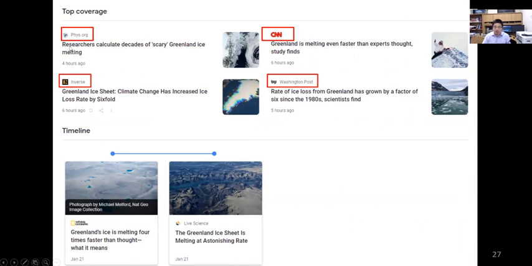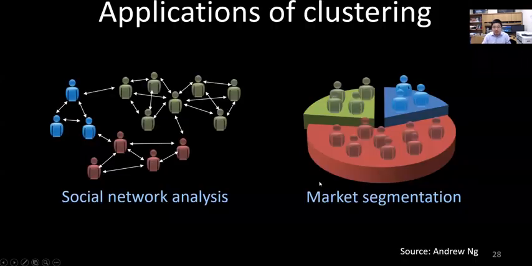For example, you have an article from Space.org, from CNN, from the Washington Post, etc. What happens behind the scenes is that there is a clustering algorithm applied to the hundreds of thousands of news articles, and it automatically groups the news stories into different categories. So when readers like you and me go to news.google.com, we have these nicely grouped news stories in different categories.